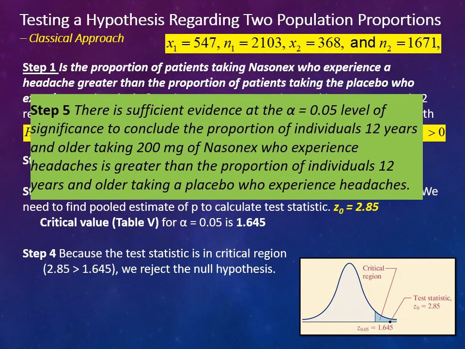And so we would state this as there is sufficient evidence at the alpha equals 0.05 level of significance to conclude the proportion of individuals 12 years and older taking 200 milligrams of Nasonex who experience headaches is greater than the proportion of the individuals 12 years and older taking a placebo who experience headaches.